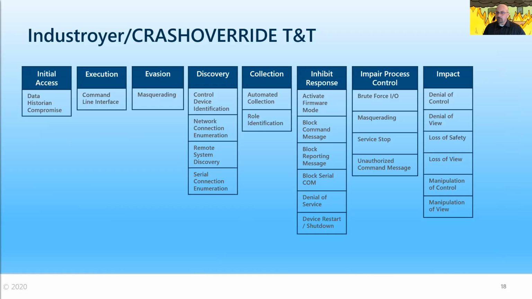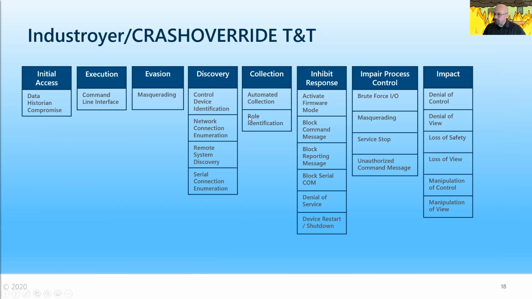So the other devices on the network thought that the rogue device was actually the proper device. Some of the discovery methods use OPC calls and enumeration, serial device discovery, network connection enumeration. A lot of these things are pretty typical in an enterprise, but the OPC and serial device connections are pretty much specific to ICS networks.